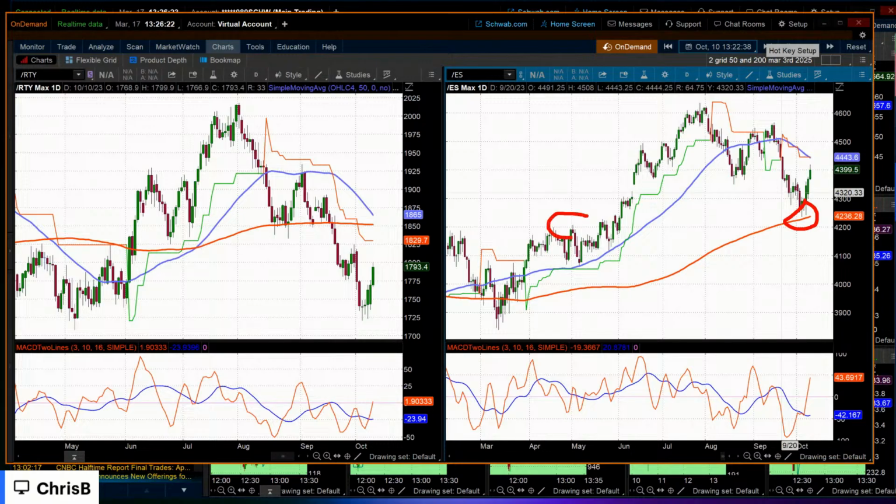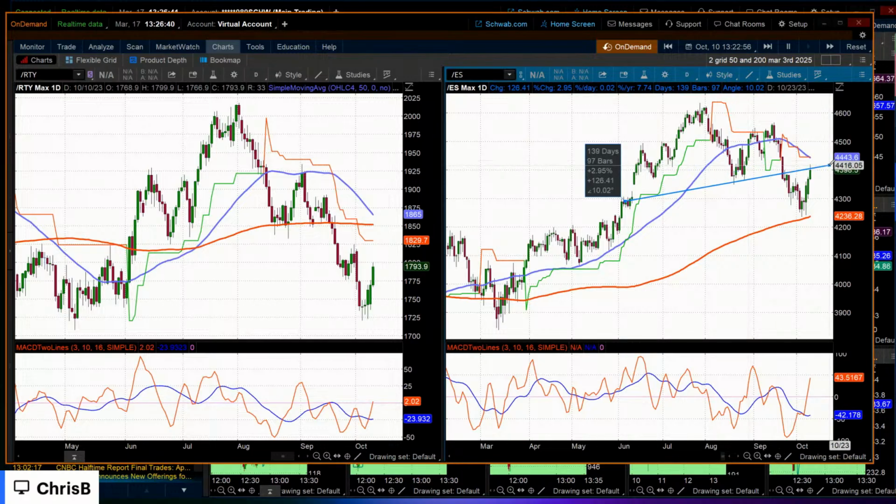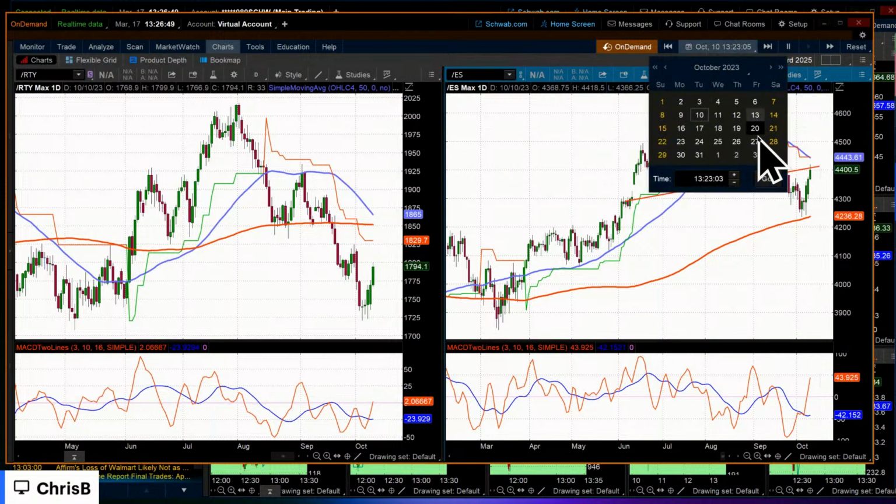Well, it really bounced from massive support. It's just a coincidence. But the key is that if I'm looking for the short entry now, what I'm looking at is you're overbought near the breakdown, but you don't have the trigger to short yet. Just like NVIDIA. So now go to October 13th.